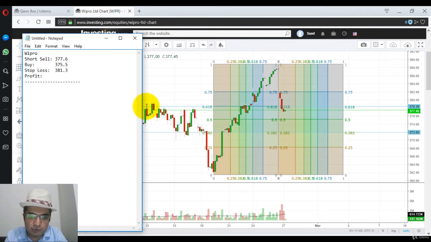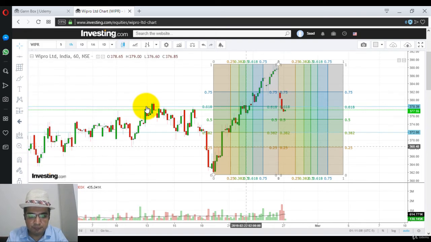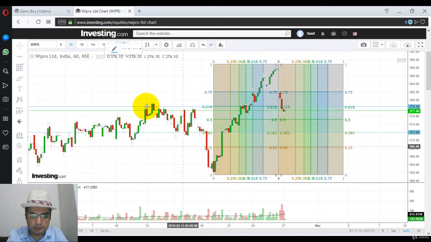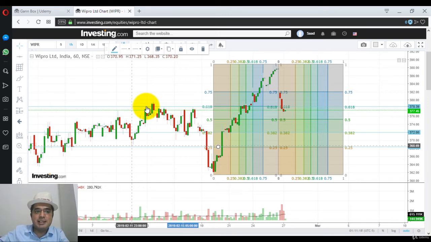So what I am really trying to tell you is your emotions come in. Your emotions tell you to, okay, aim for this level. Now, if I put a horizontal line right here, this level is achievable, but it will take many hourly candles. In stocks, you have a limited time window.